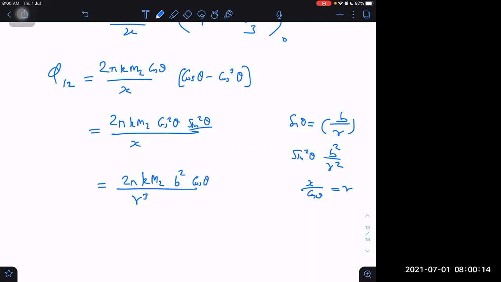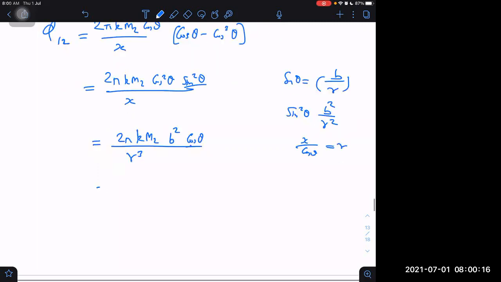One cos theta is still remaining. But we know that pi into B square is A1. So we are finally getting k m2 cos theta into A1 upon R cube into 2.